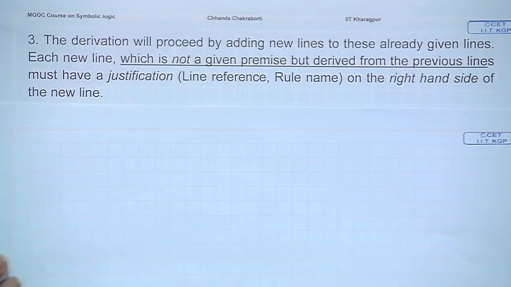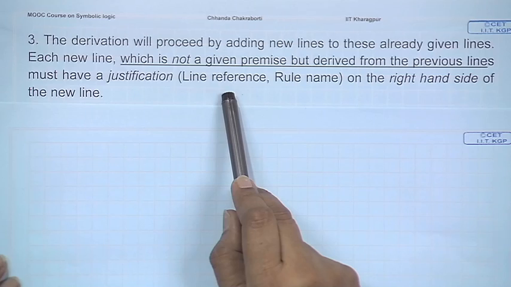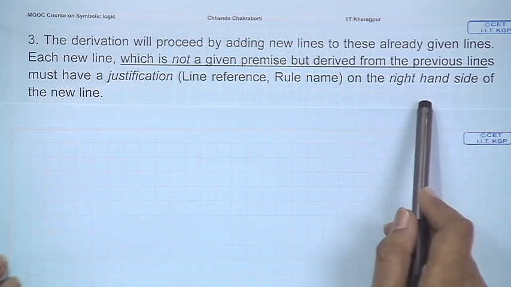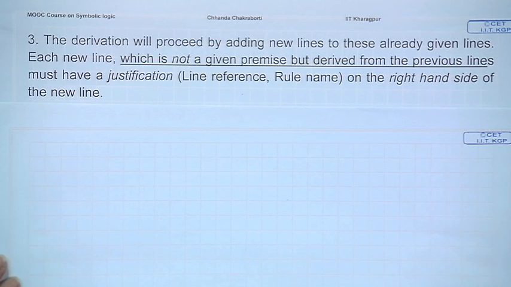Recall your knowledge of the truth tree and you will understand what we mean: every new line that you add to the procedure, you must be accountable, you are liable to refer back to the line that you are using and the rule that you are using. Where would it show up? On the right hand side of the proof.